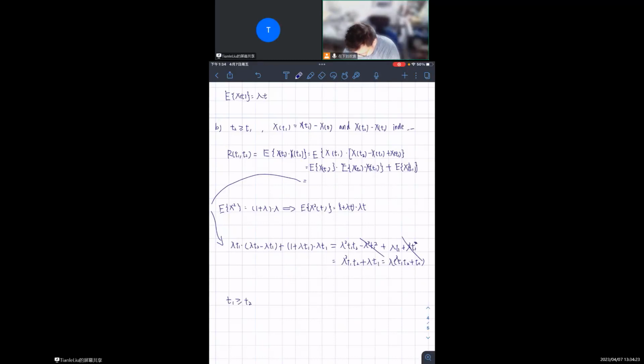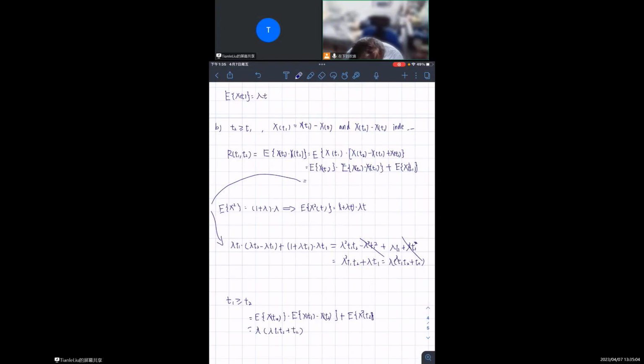So we just remodify it, and it comes out like this: x_t1 minus x_t2, plus x_t2 squared. And we can remodify it, and it should be like lambda squared t1 t2 plus lambda t2.